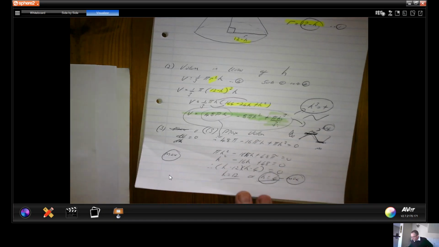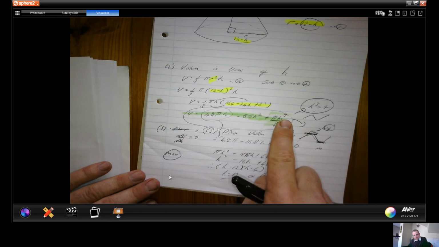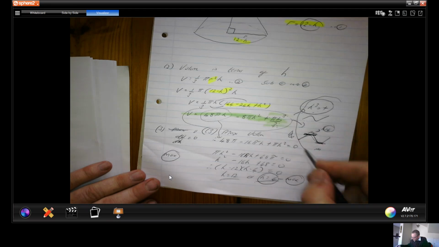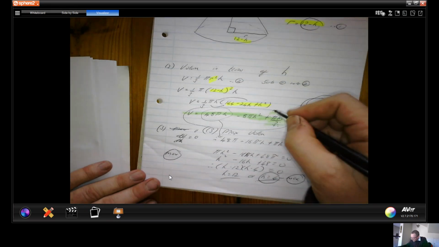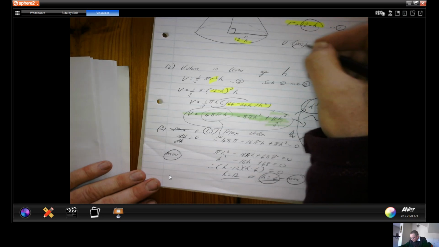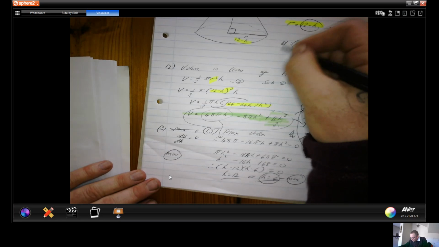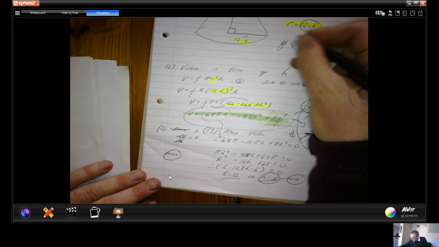The other way you could test it is you could put h is equal to 4 into this equation and work out your volume, and put h is equal to 12 into this equation and get your volume. I wouldn't do that. I would use this though. Remember, if you've got y is equal to something with a positive x cubed, the shape of the graph will be like that if you have two stationary points, which tells you you get your maximum, then your minimum.